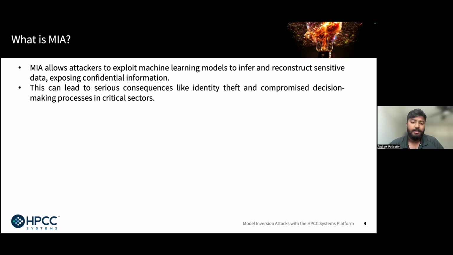In essence, while machine learning models are powerful tools for prediction, they can also become targets for attackers if not properly secured. Now, let's talk about the methodology of our project.